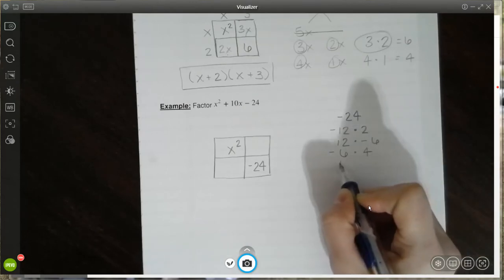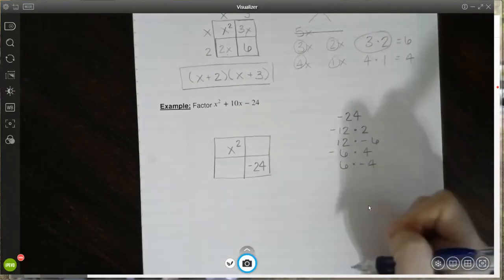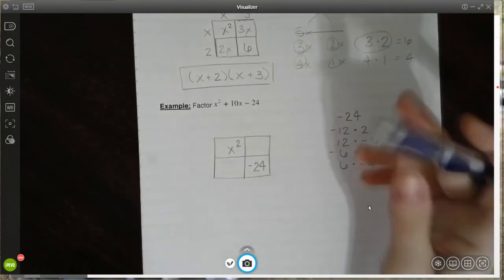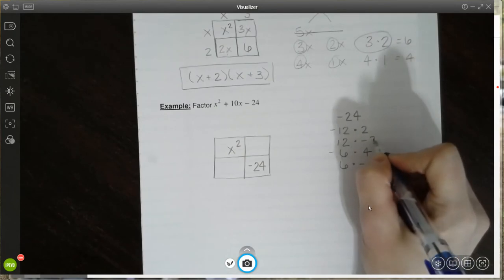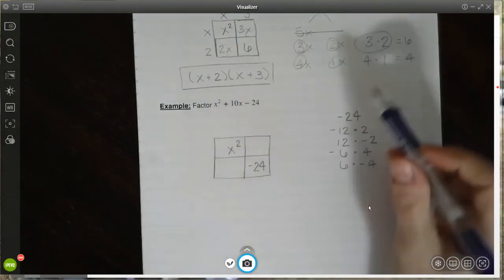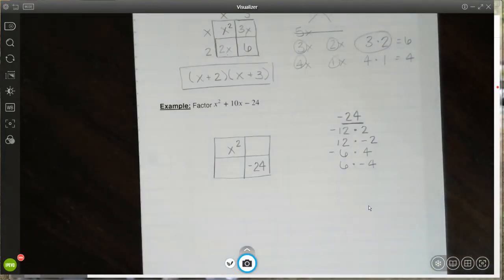I could have 6 times negative 4. There's a lot of different options, but I'm just going to start with the first two that come to my mind. Oh gosh, why did I put negative 6? This should be negative 2. I was jumping ahead and thinking about 6 times 4. So these are the things that multiply together to make that bottom corner that I need.